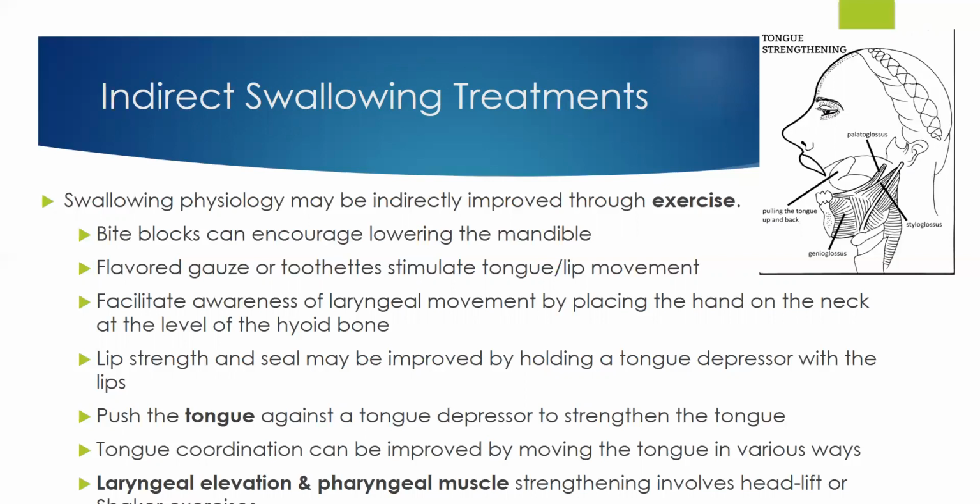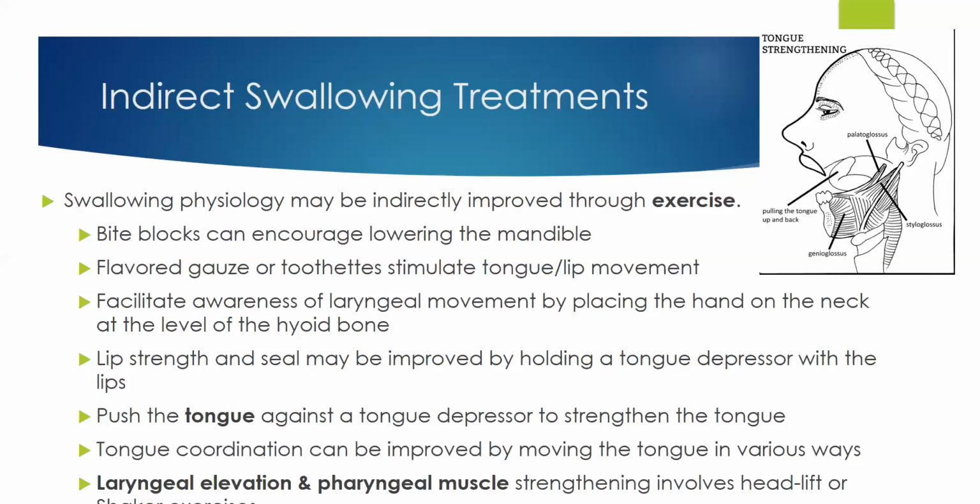Tongue coordination is improved with a variety of techniques, and so we have the IOPI, the Iowa Oral Pressure Instrument, that can give the client biofeedback on how hard they're pushing against an air-filled bulb, or we push against a tongue blade. And then, as we'll see in a bit, with select clients we also spend time strengthening the muscles underneath the chin and the strap muscles that attach to the hyoid bone.